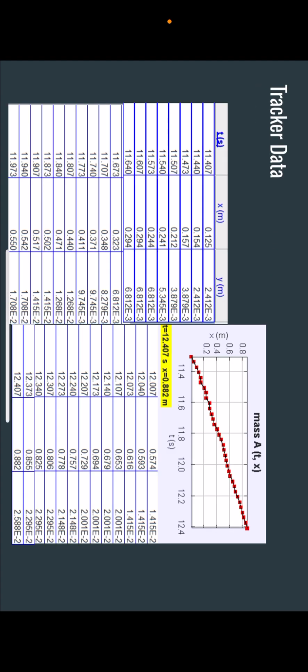The Tracker data that we found was this, and we used that simply by having the video recording up and then taking little position interval clicks on my keyboard, with my mouse, and pretty much just doing that along multiple position points to get this data.